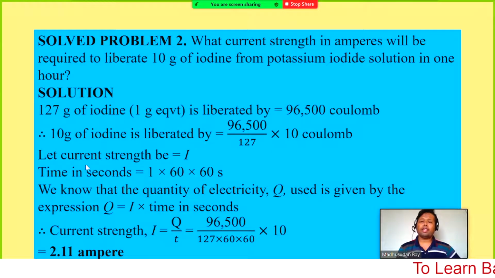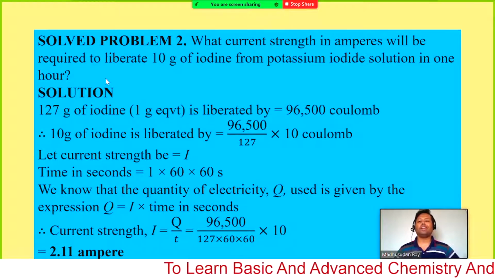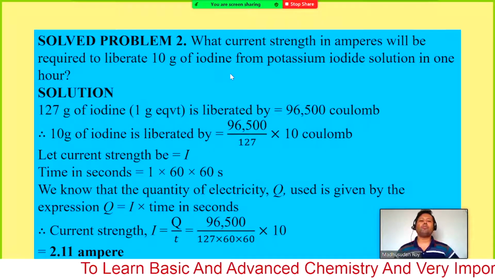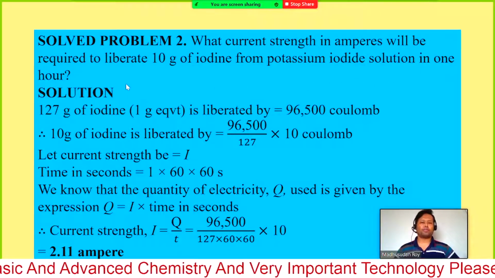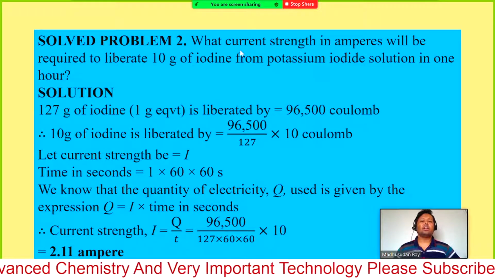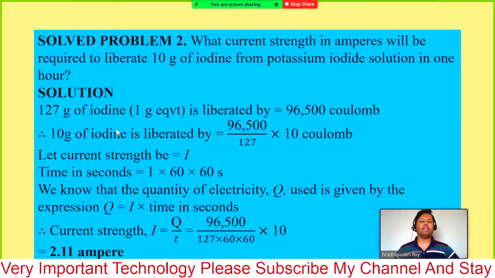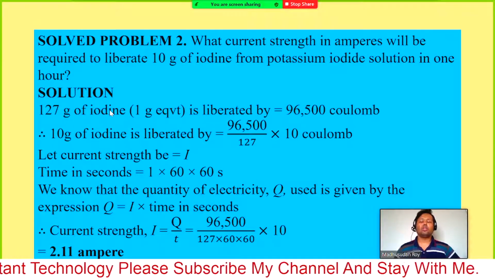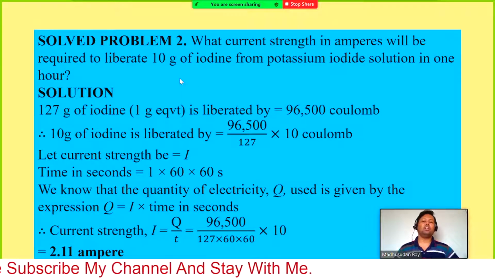And I have another mathematical problem that is also similar. What current strength in amperes will be required to liberate 10 gram of iodine from potassium iodide solution in 1 hour? That means you need to find the amount of current I. So we know M equals ZIT, so use the formula.